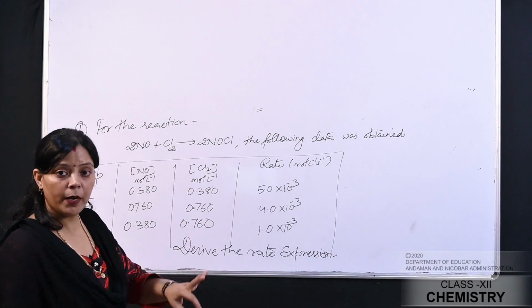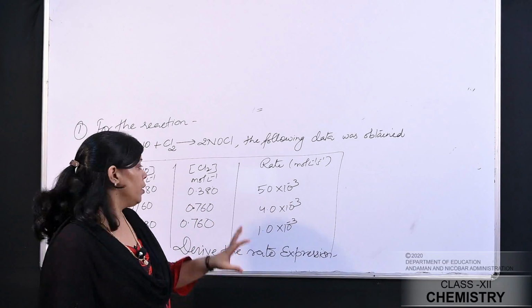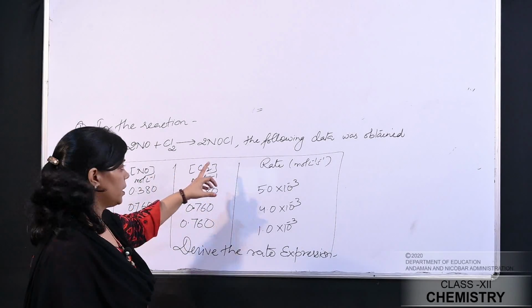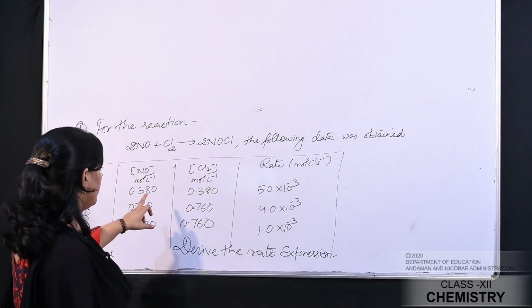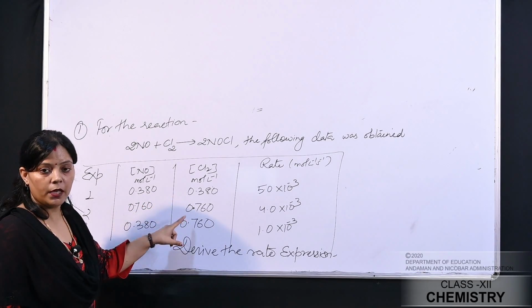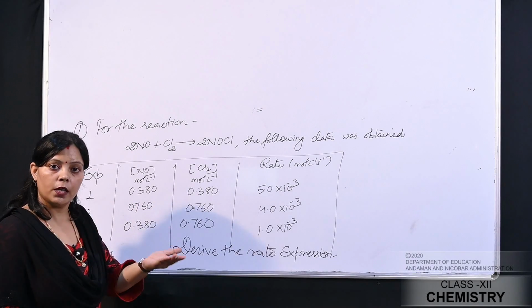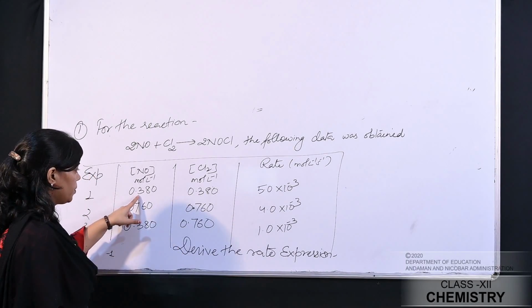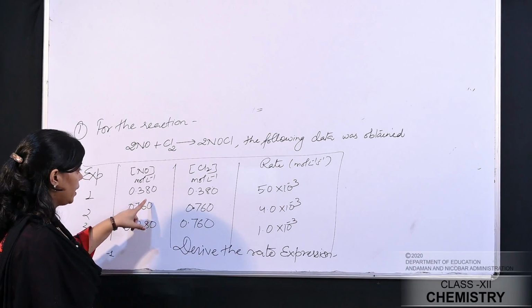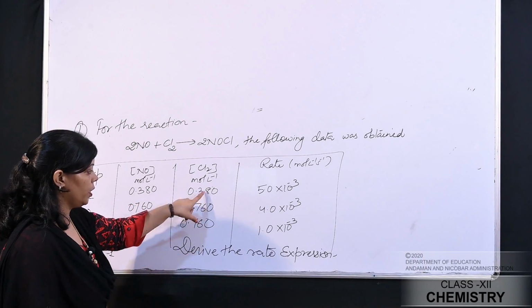As I have already explained, how can you determine the value of the rate exponent for the reactants present in this chemical reaction? You first select 2 experiments in which the concentration of one reactant remains the same, whereas the concentration of the other reactant changes. In experiments 1 and 2, you see that the concentration of NO remains the same, whereas the concentration of chlorine is changing.